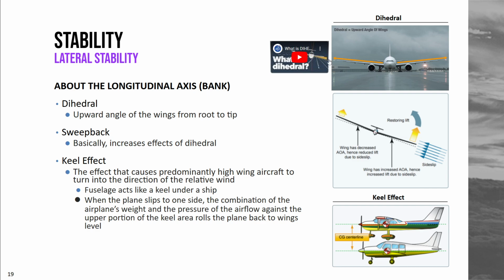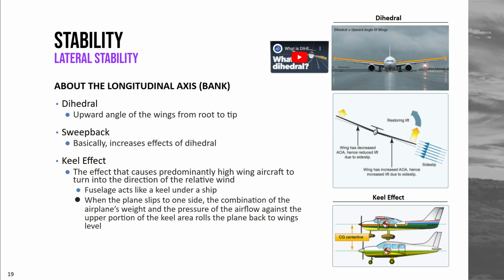We have a slight dihedral on our aircraft, and sweepback has a similar effect to a dihedral, where if I'm flying along and all of a sudden a gust of wind slips my aircraft and dips one wing down, the lower wing will have an increased angle of attack due to the side slip. Therefore, more lift is being created by that lowered wing, restoring the aircraft into level flight. That's the effect of a dihedral and a sweepback wing.